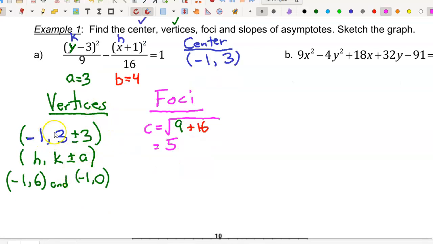So it's very similar to the vertices. I'm going to start off with my center point, right? So both the vertices and the foci both start from the center. So they both need whatever this is up here, you're using that. And this time we're going up and down, instead of 3 from A, we're using C. So we're going up and down 5. So from 3 we're going to go to 5 on each one of these.